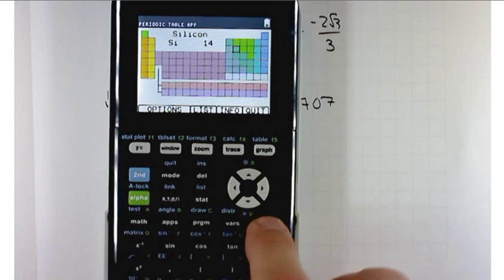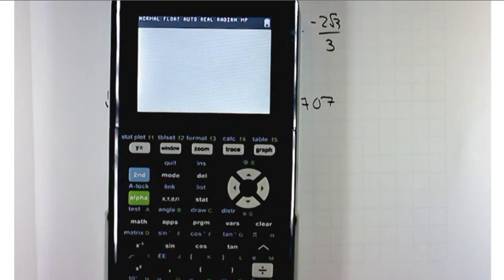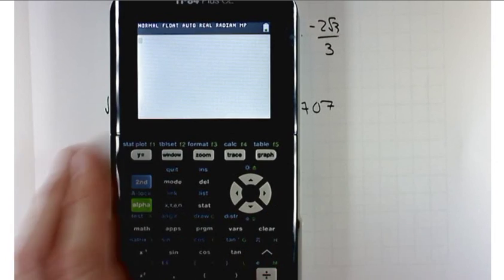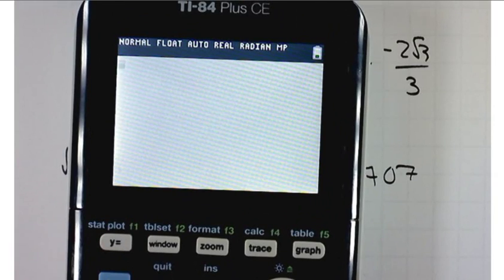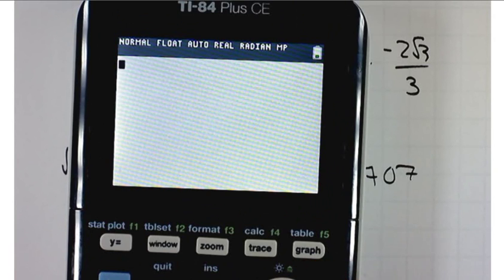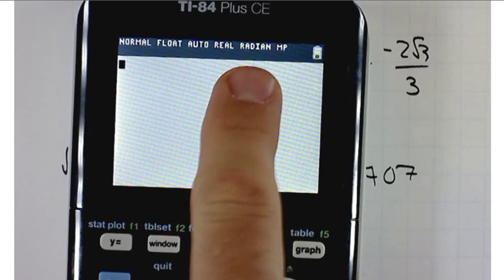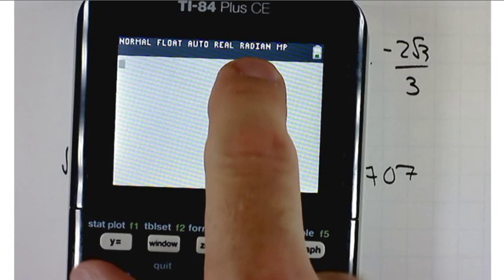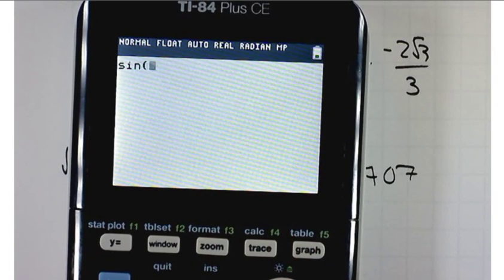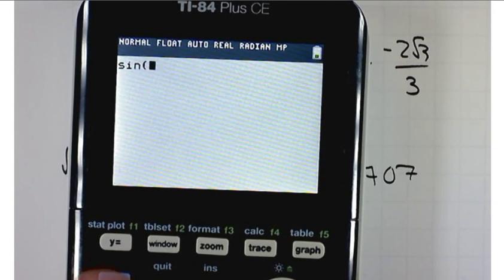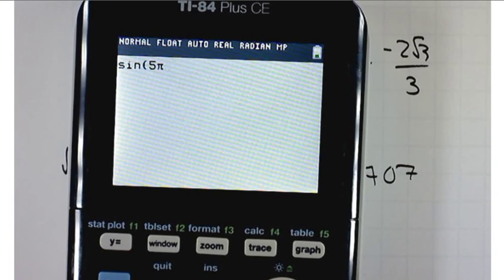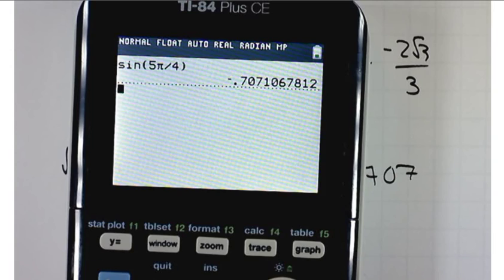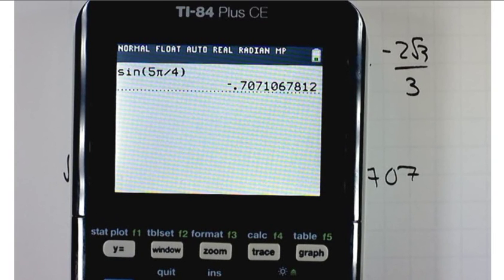So if you have your calculators, you can take them out. And of course, you're going to need to be in radian mode. Calculus is done in radians. So let's see. My new fancy one is in radian mode. If I hit sine of 5 pi divided by 4, I get the decimal value for square root of 2 over 2.